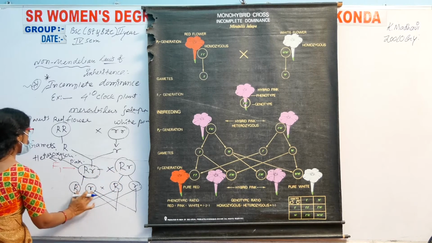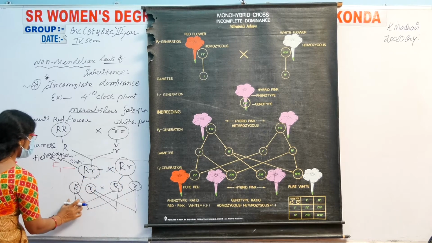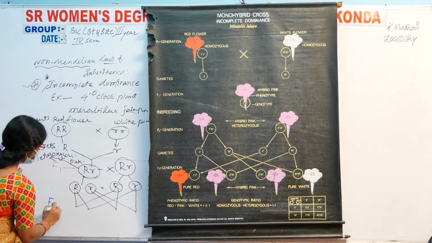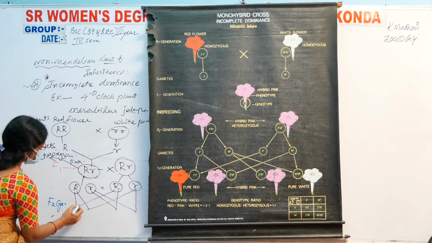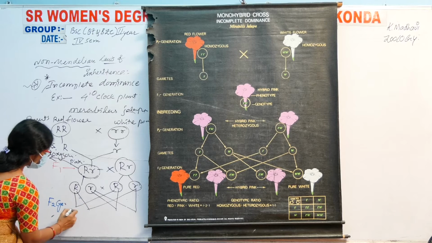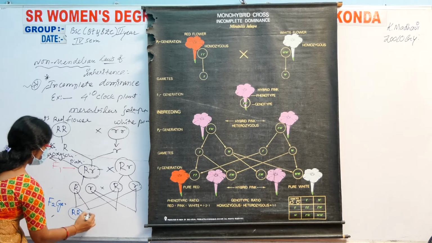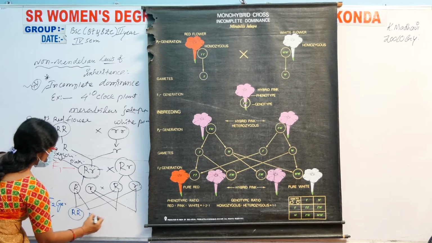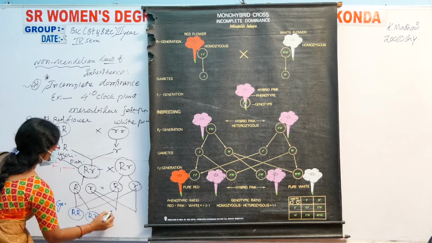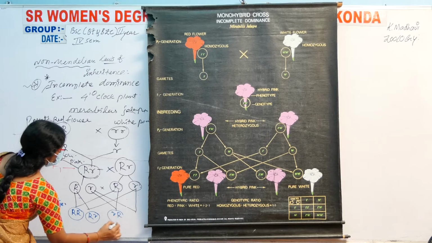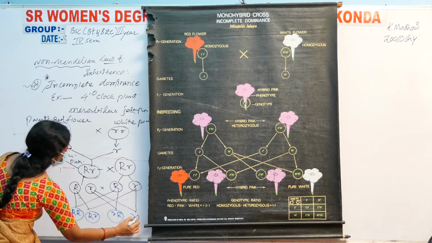They can produce gametes and they are crossed in the next generation. This is the F2 generation. In the F2 generation, what is obtained here? The capital R, and capital R, small r, and next small r, capital R, and next small r, small r.